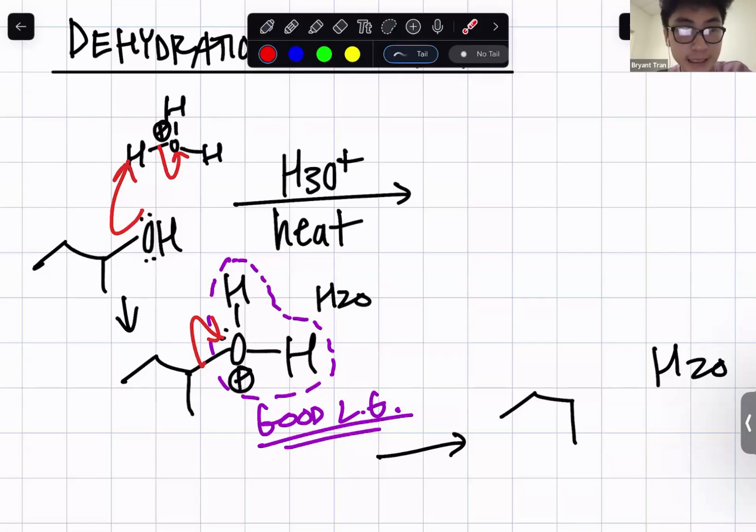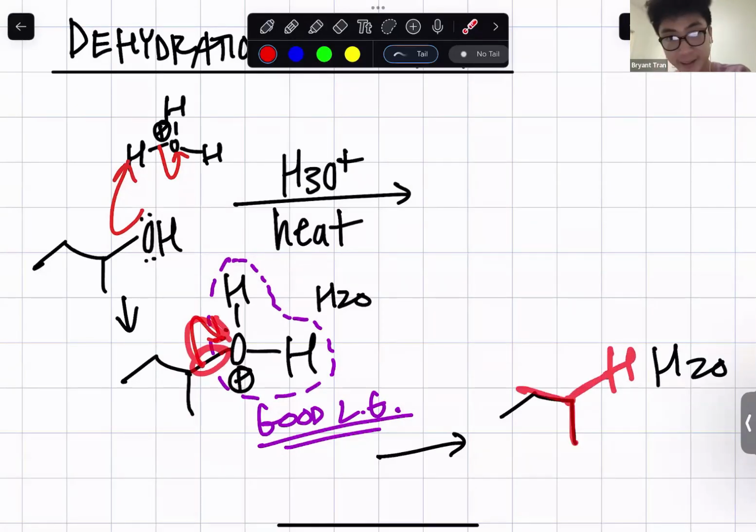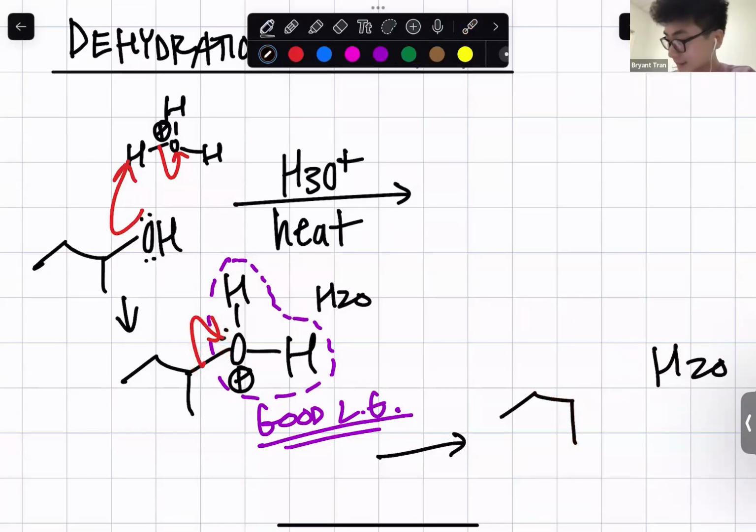Because it's losing electrons, and if it's losing electrons, it's losing a negative charge, so it's going to be positively charged. Another way to think about it is that this carbon previously had 4 bonds, 1, 2, 3, 4. But because we kicked out this good leaving group, we lost the bond. Now this carbon only has 3 bonds, 1, 2, 3. A carbon with 3 bonds is missing 2 electrons, so that carbon is positively charged.